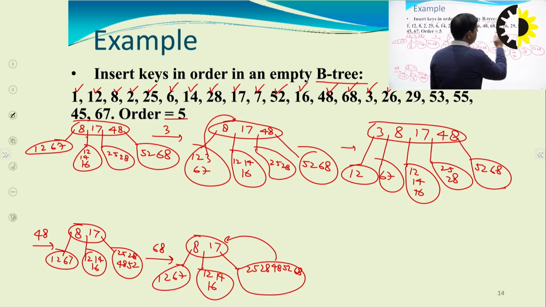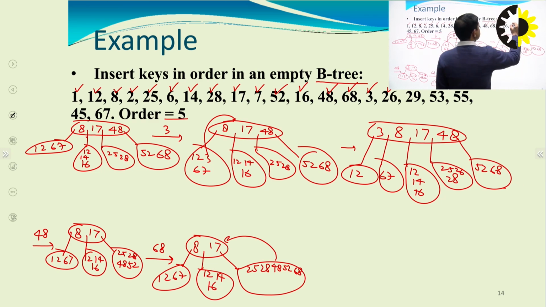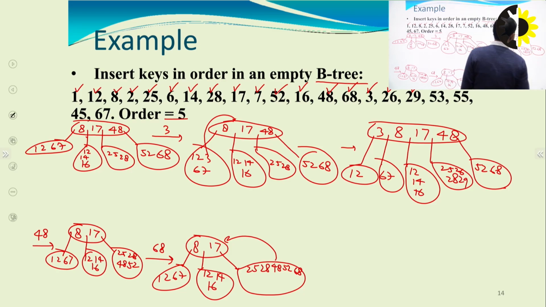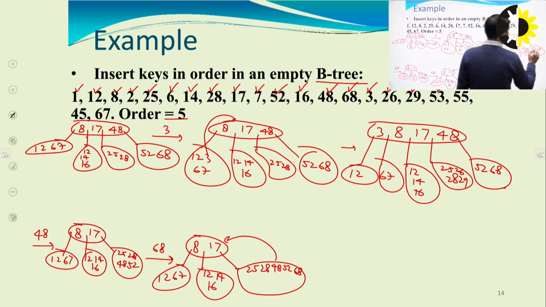Now again, for example, we are inserting 26, then 26 will be here. Then for example, we are inserting 29, that will be after this 28, because 4 values are allowed. Then we are inserting, for example, 53, that will be after 52. That is 52, 53 and 68. For example, we are inserting 55. Here 3 values, that will be after 53, that is 55.